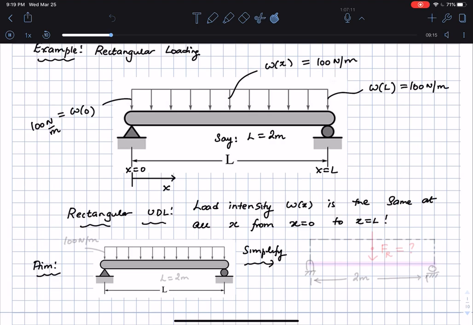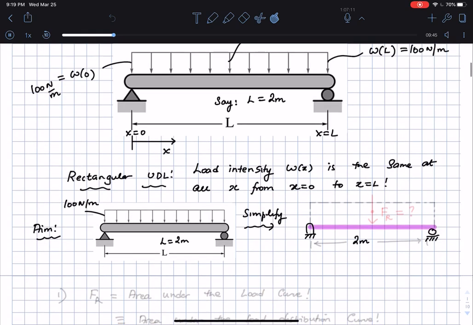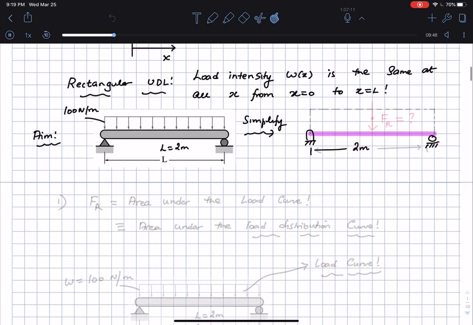I want to simplify this, so I draw the beam, and then I have the pinned end here and the roller support here, and rather than have this distributed loading, which is 100 newtons per meter, with length L equal to 2 meters, right? So this is a distance of 2 meters here for the length.